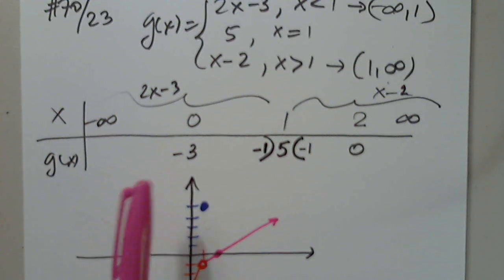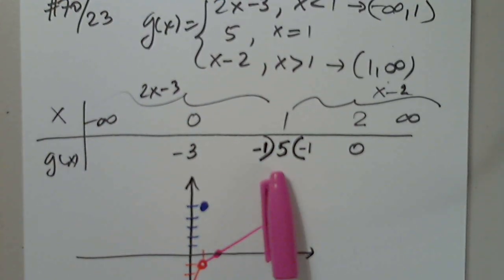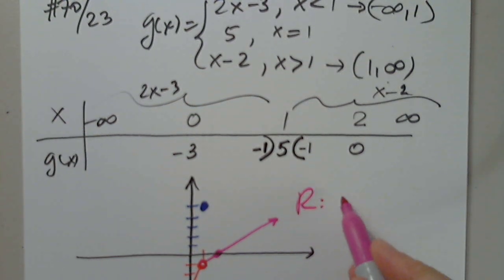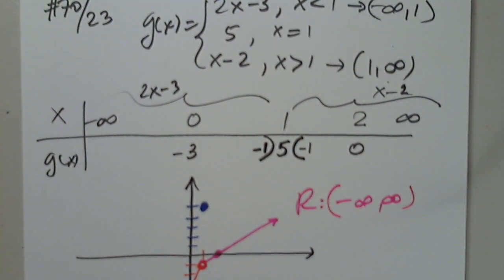So the function is discontinuous at 1. It has a removable discontinuity at 1. It's continuous everywhere else except at 1. It's differentiable everywhere else except at 1, because it's not continuous. And the range is everything. If I'm asked to write the range, I will write -infinity to infinity.